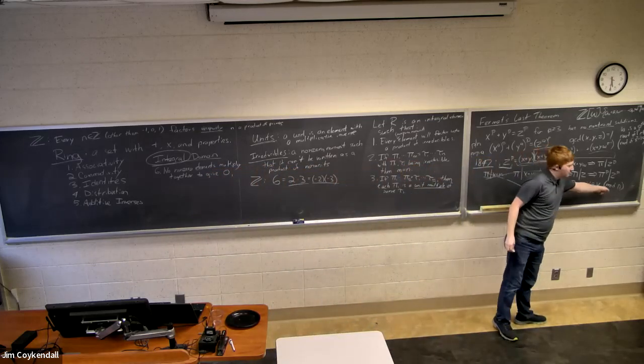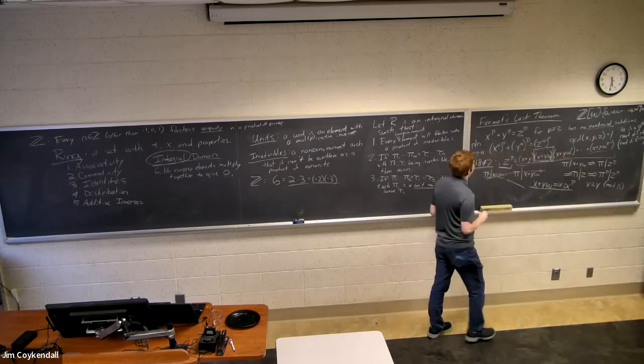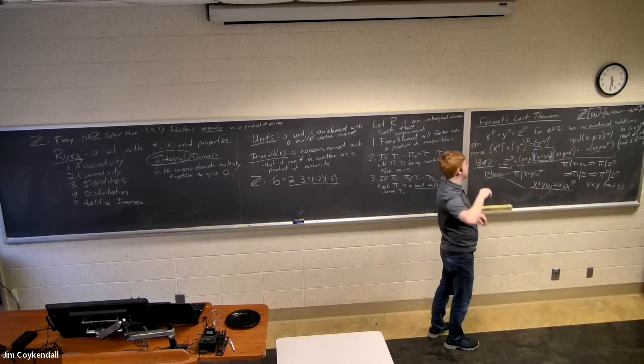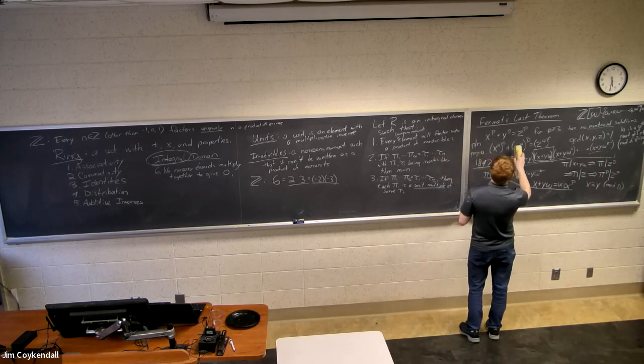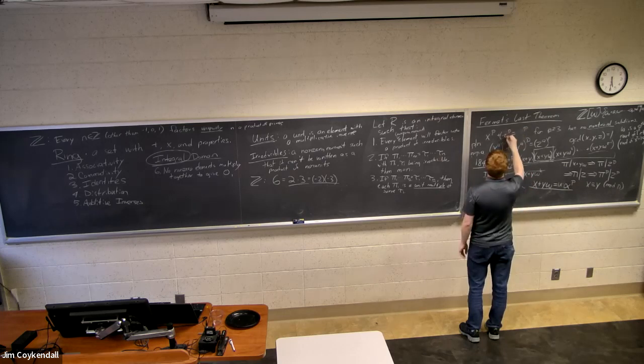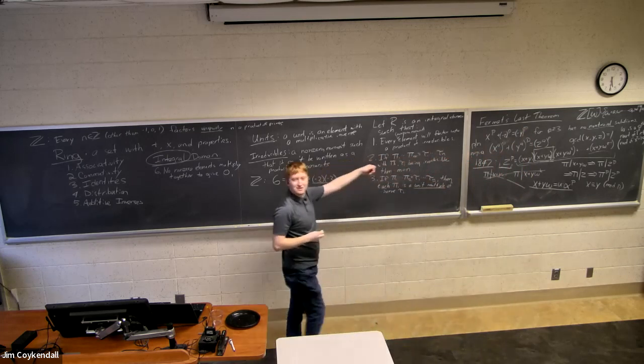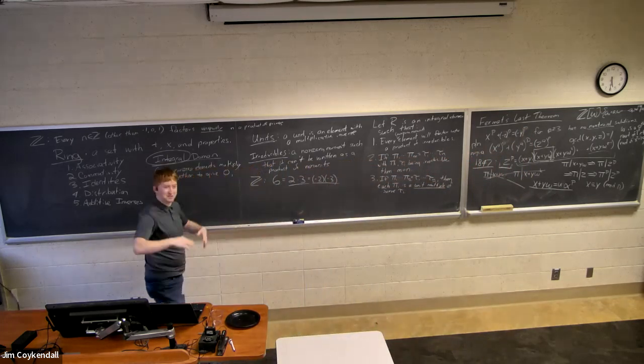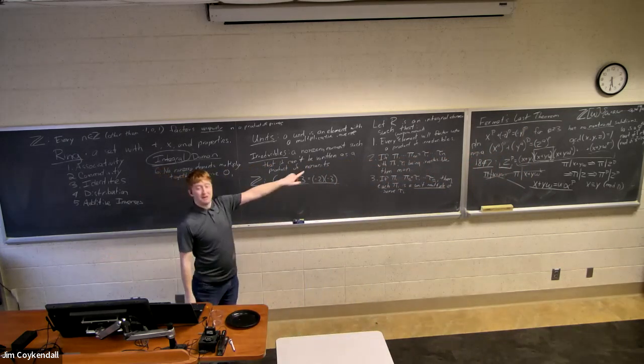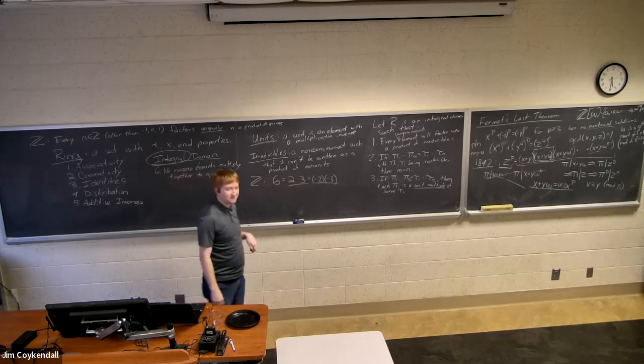So if these things are congruent mod p, that's all well and good. But hold on a second, let me just rearrange some things here. I'm going to subtract this across, and I'm going to subtract that across. Everybody agree that that is the same equation that I just wrote up there, just in a little bit different form, since p is an odd number?